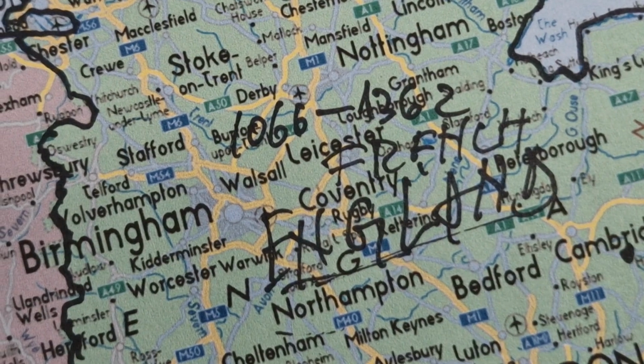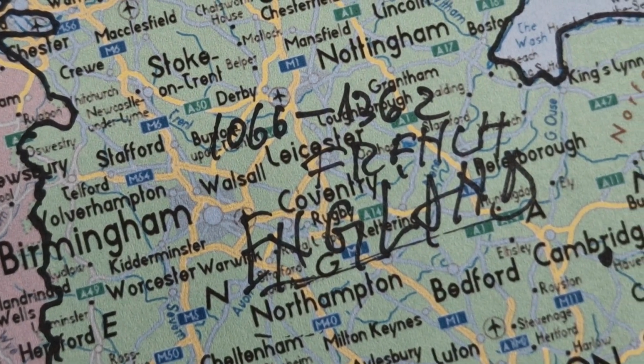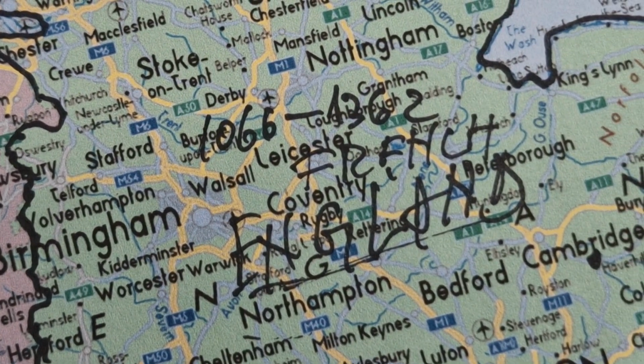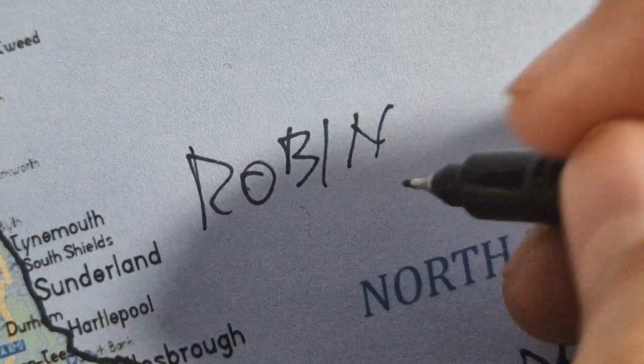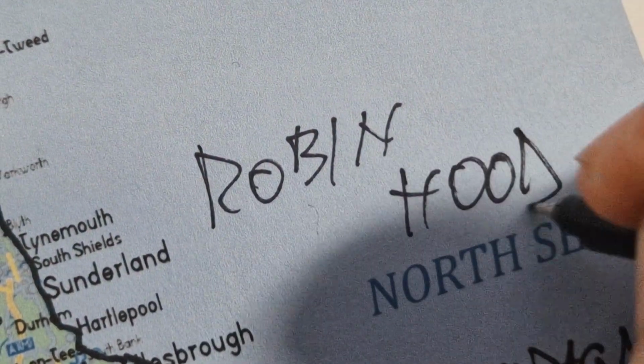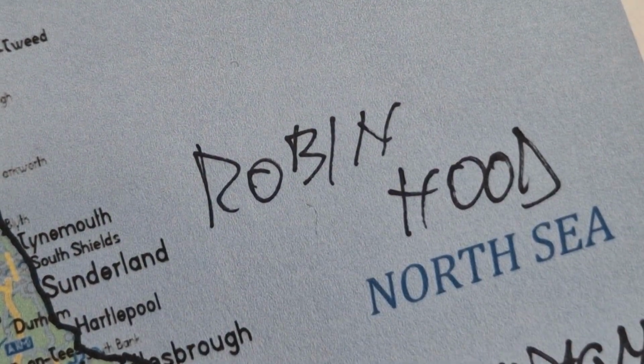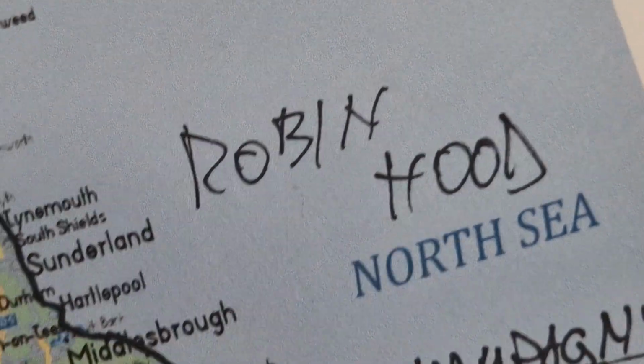Okay, now let's talk a little bit about the economy, because the pound sterling is one of the strongest currencies in the world. You know, the British pound sterling. And of course, about the movies and legends, England is most famous for its Robin Hood, the legend, and his Marion, of course.